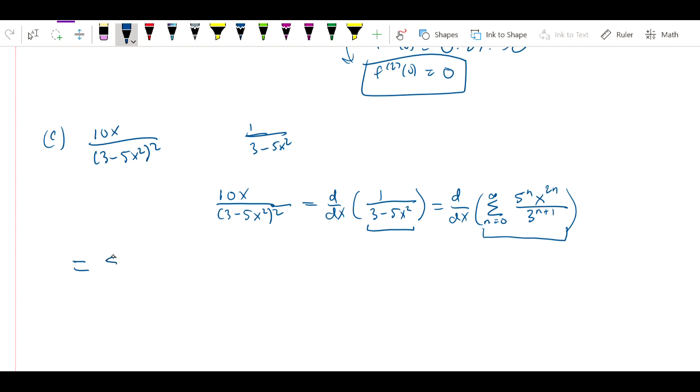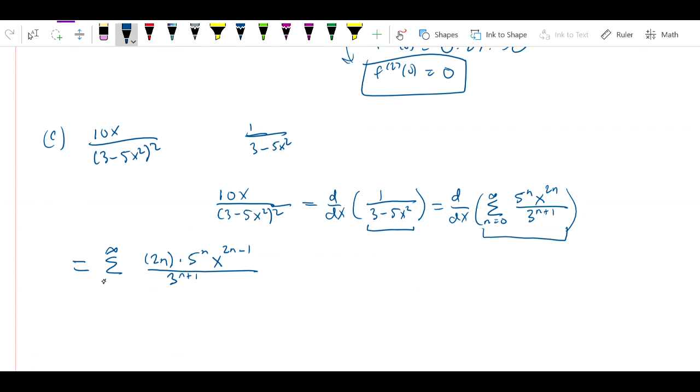That's going to equal the sum of 2n times 5 to the n x to the 2n minus 1 over 3 to the n plus 1. We know we're counting up to infinity. The only thing is, we don't want to start at 0 because then I would get a term of x to the negative 1, and we know that the derivative of x to the 0 is not x to the negative 1. x to the 0 is just a constant, its derivative is just 0.